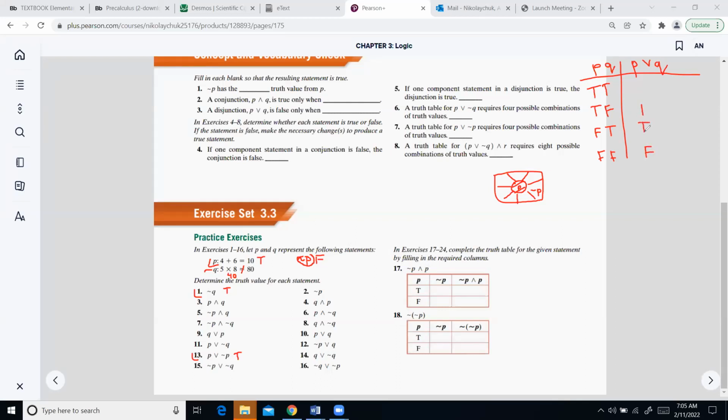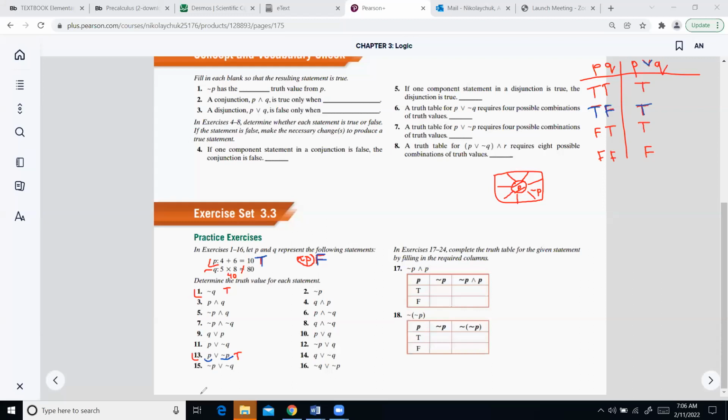Everything else for the case of union or disjunction was a true. And that's exactly what we happen to have here. So what do we have here? We have true, false. So when you do P is true, not P is false, this is going to be right there, T, F. So their union will be true. So for number 13, it's true.